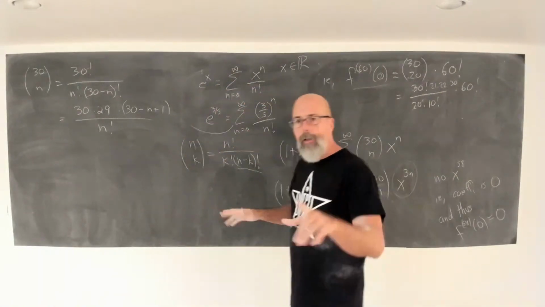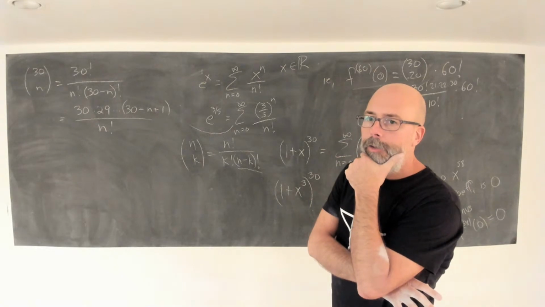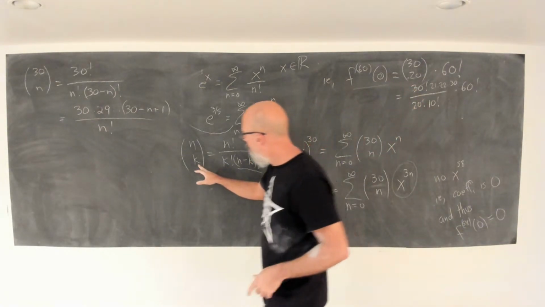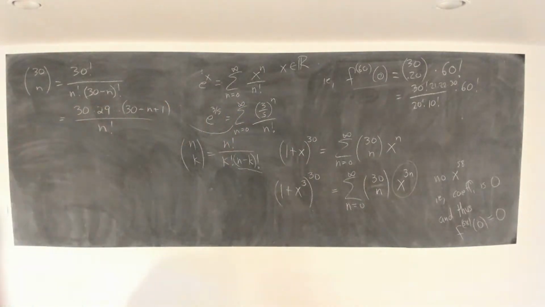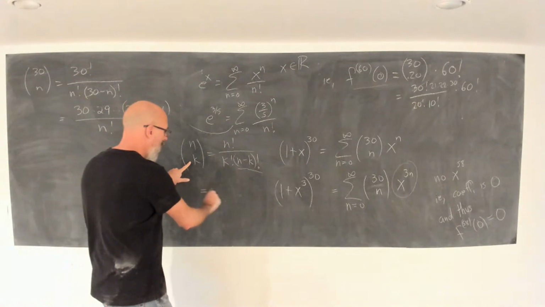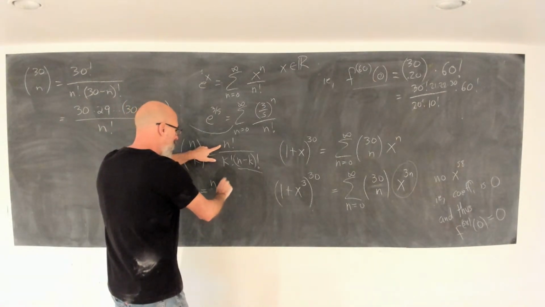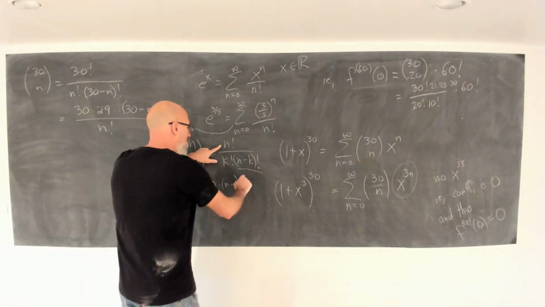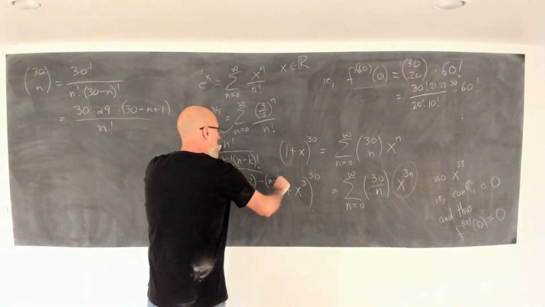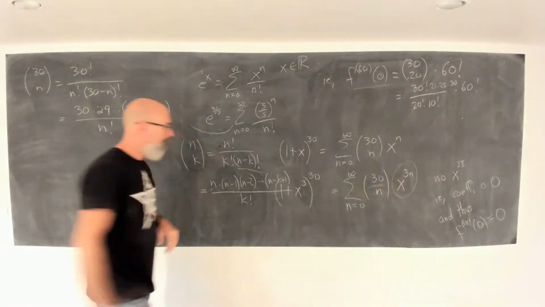That's why I'm answering Louis' question here. We just use this as shorthand notation for n times n minus 1 times n minus 2 all the way to n minus k plus 1 over k factorial.